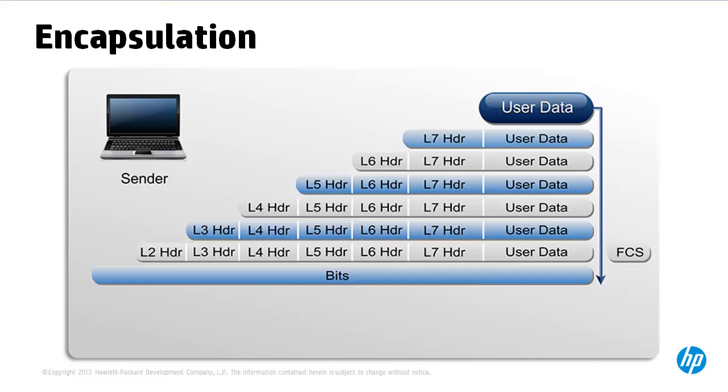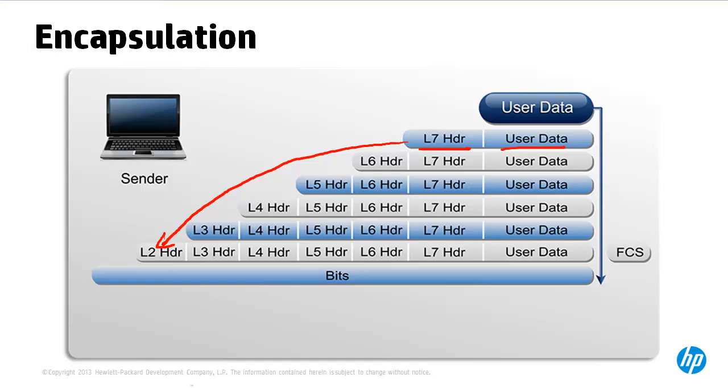What I'd like you to notice here is that each layer of the OSI model prepends a header on the data. So data is encapsulated with a layer 7 header all the way down to the lower layers of the OSI model, and then it's transmitted across the wire.